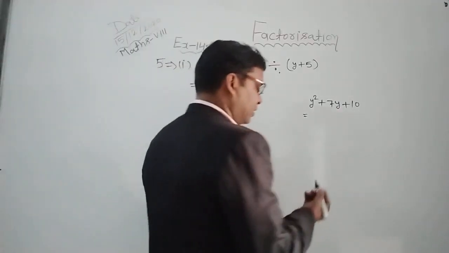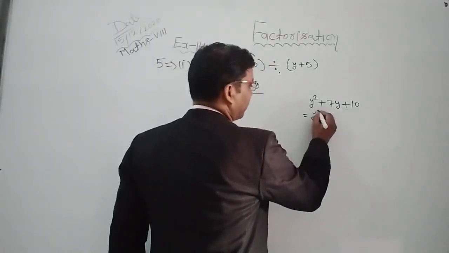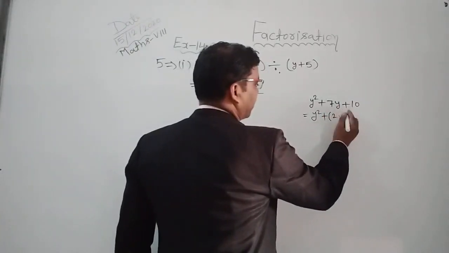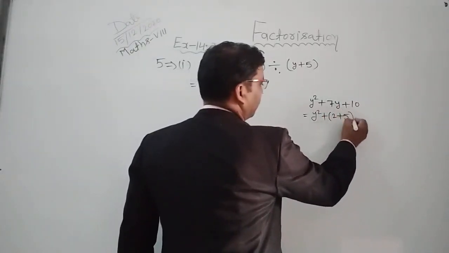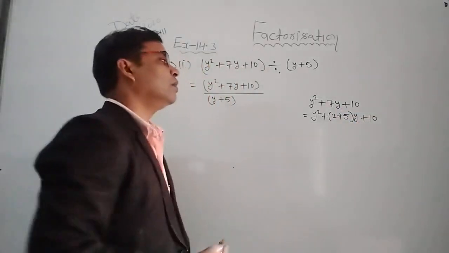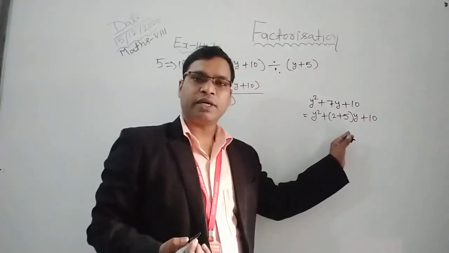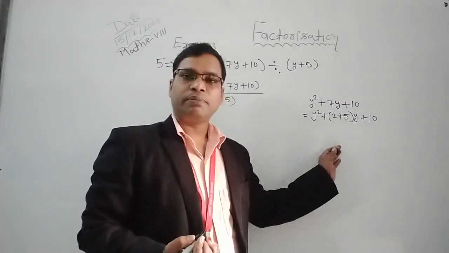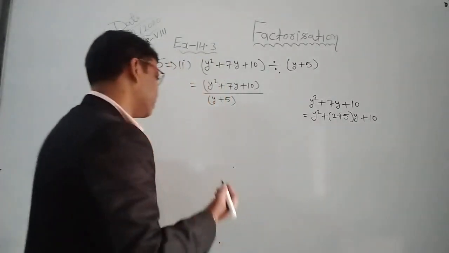So here we can write y square plus (2 plus 5) into y plus 10. Now, 2 plus 5 into what? Here you use the distributive law of multiplication over addition.